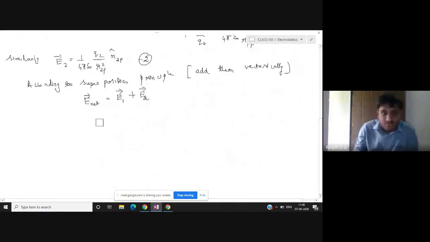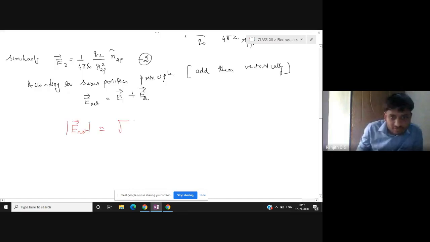Or if you know magnitude-wise, the magnitude of E net will be root of, as you learned in the 11th standard, E1 square plus E2 square plus 2 E1 E2 cos theta, where theta is the angle between the E1 vector and E2 vector.